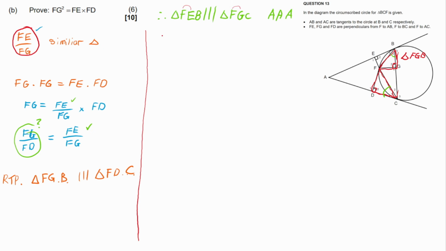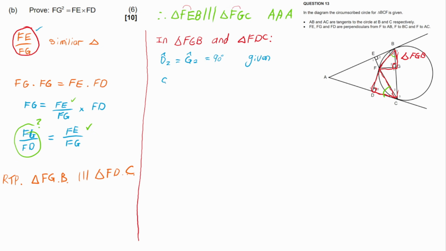All right, I need to prove that these triangles are similar. So I'm going to say in triangle FGB and triangle FDC, those are my two triangles, what do I know in these triangles? I know that D2 is equal to G2, which is equal to 90 degrees, and this was given.